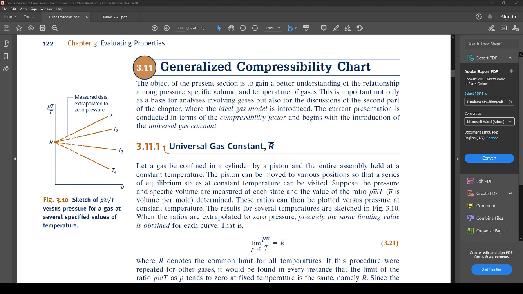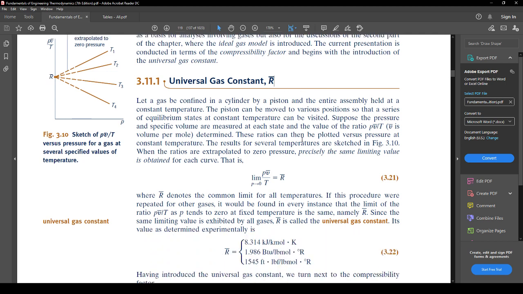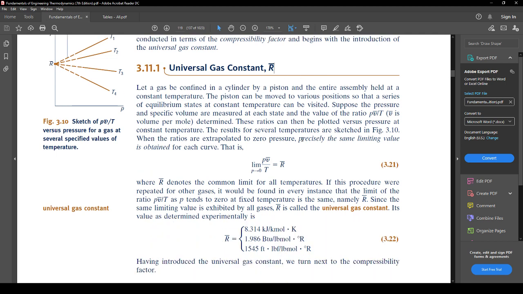The current presentation is conducted in terms of the compressibility factor and begins with the introduction of the universal gas constant. So right here, the compressibility factor in this chapter is Z. And essentially it tells you how close to ideal you are. I know that might seem dumb, but that's what it is.